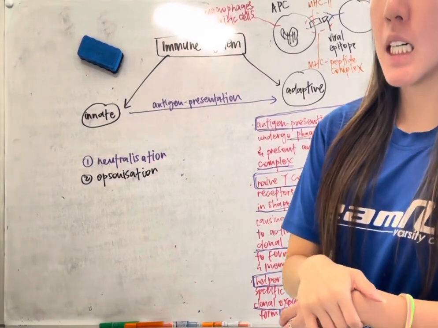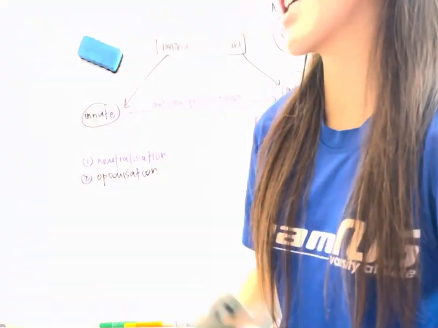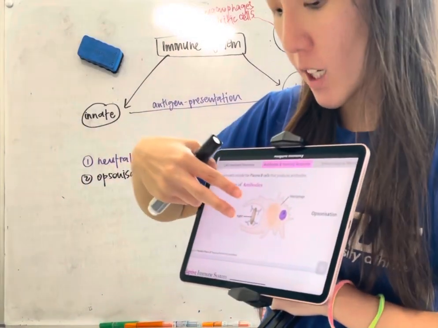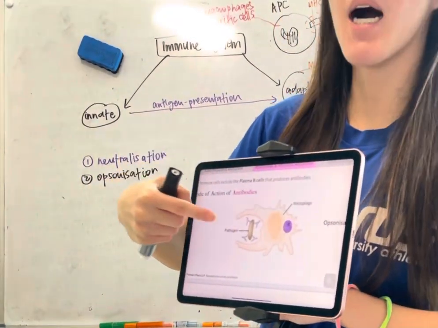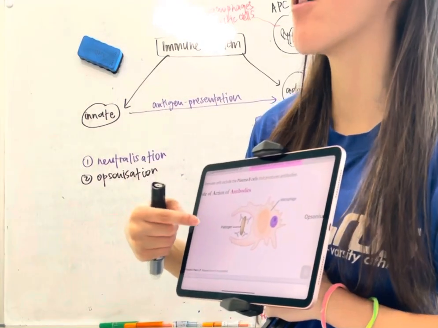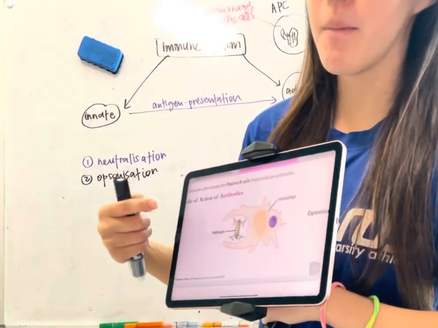So I repeat, if you want to know what opsonization is, it is purely binding of your antibodies. Once your antibodies bind, it will mark the pathogen or antigen for phagocytosis by macrophages.